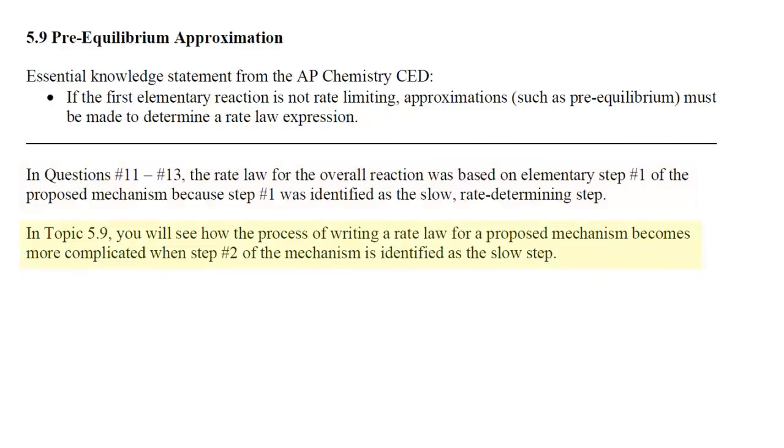So as we're about to see in question 14, in topic 5.9, you will see how the process of writing a rate law for a proposed mechanism becomes more complicated when step 2 of the mechanism is identified as the slow step. All right, let's take a look at question 14.